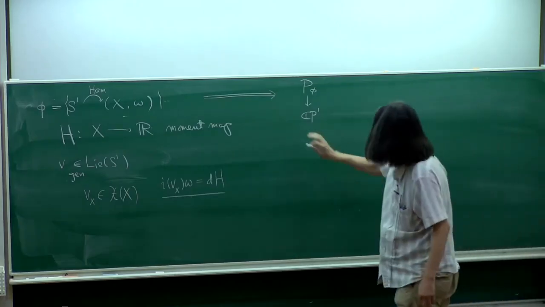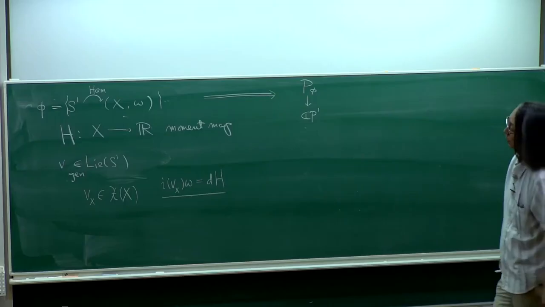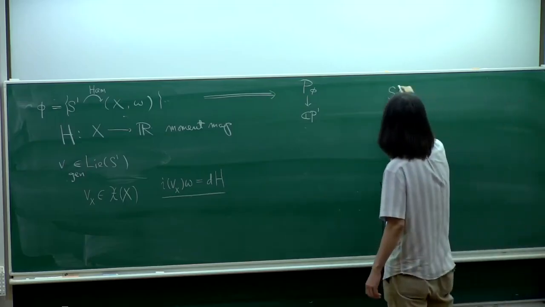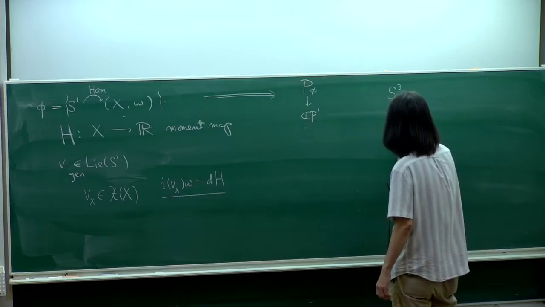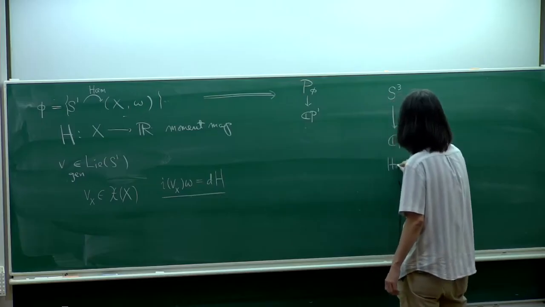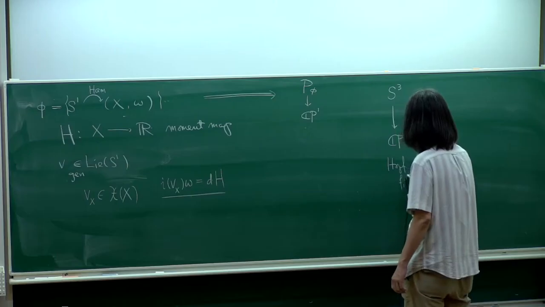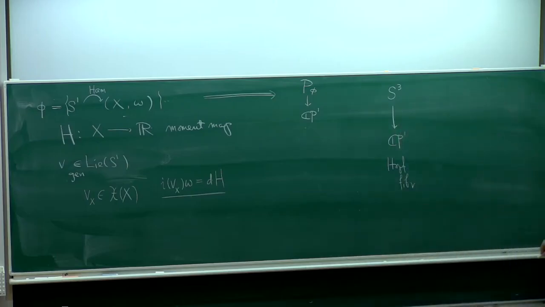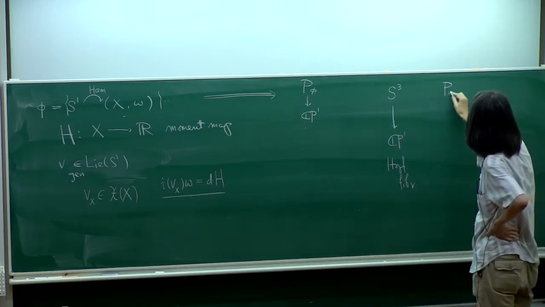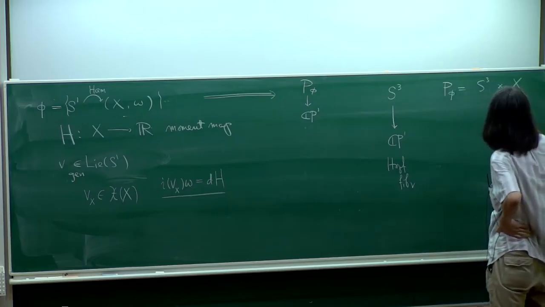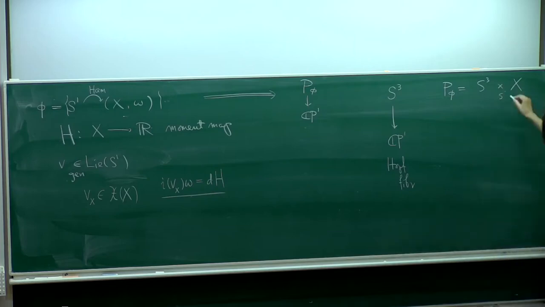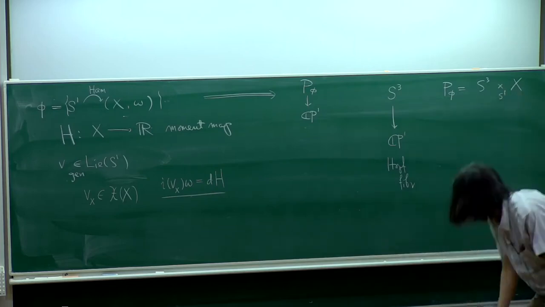This one is certainly understood in the following way. You have this P1, this is the Hopf fibration. And then this P phi is nothing but this S3 times X, quotient by S1.